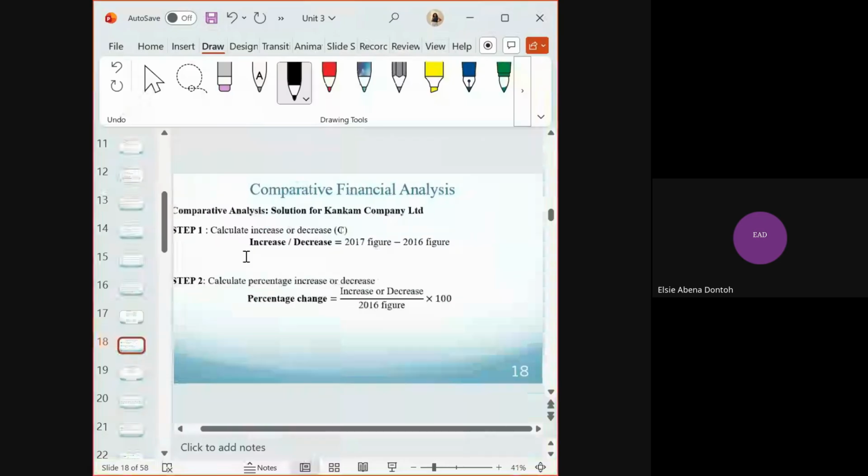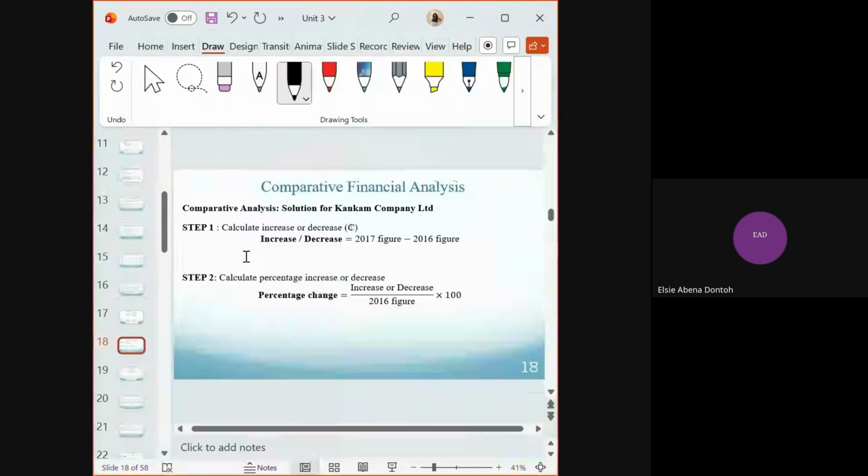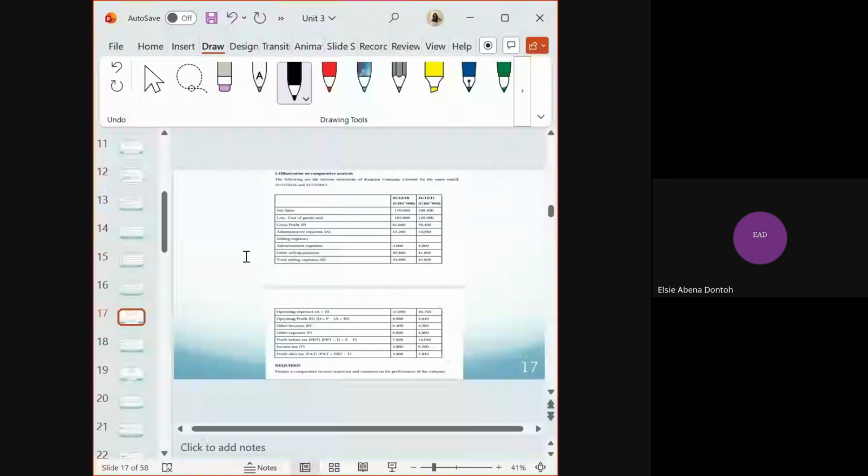for comparative analysis for Cancom Limited, first you'd have to calculate the increase or decrease in absolute terms with the figure itself. And then secondly, you calculate the percentage increase or decrease. And then to make the comparison, in our case, it was for 2016 and 2017.